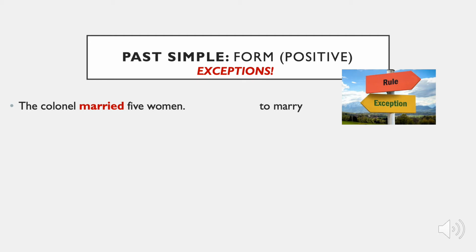Correct, it ends in a Y. If the infinitive ends in a consonant plus a Y, dus als de infinitief eindigt op een medeklinker en een Griekse ei, then you have to change the Y into IED. So for example, to cry becomes cried, and to marry becomes married.